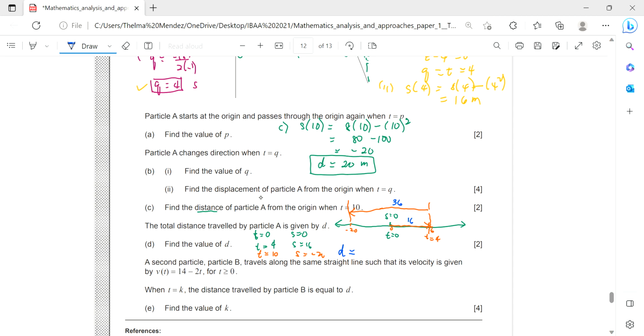So we have 16 plus 36. Remember that we're talking about the total distance, so we do not cancel out. We are not taking the net distance, but the total distance. So if it moves to the right 16, and then 36 to the left, the total distance covered is 52 meters.